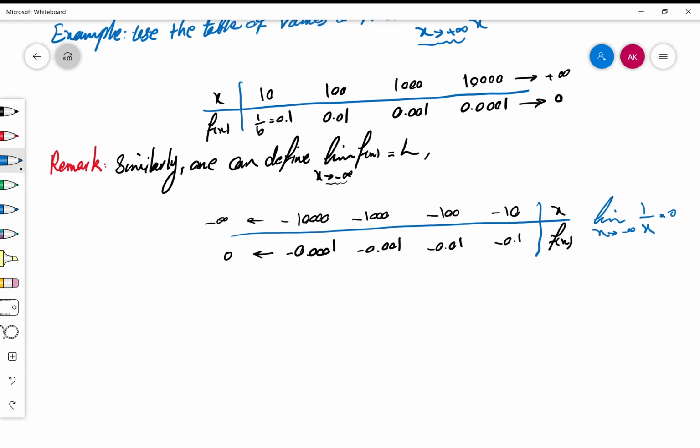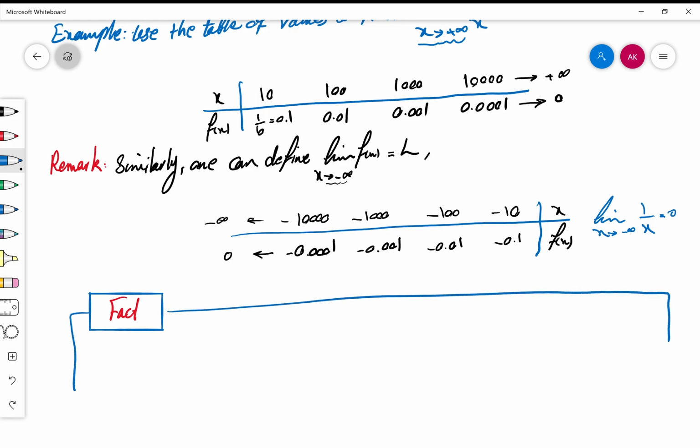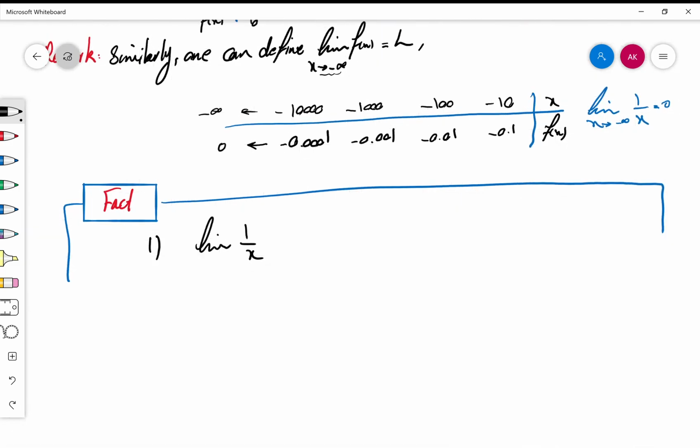Well, these two things that we saw are actually special cases of a very important fact. I will write all the facts we need here in the box. First one is that the limit of not only 1 over x, but also 1 over x to the power r, as x goes to plus infinity is always 0 for any r positive.